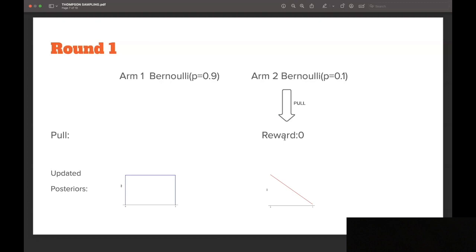Let's assume that this is indeed the case, and we obtain a zero reward. Then according to this data, we update our posterior distribution on arm 2. As you can see, we update our belief on the expected return of the second arm so that the expected return is much more likely to be closer to 0, which makes sense since we observed a reward of 0.